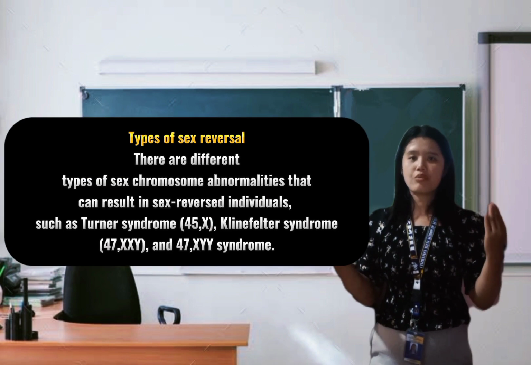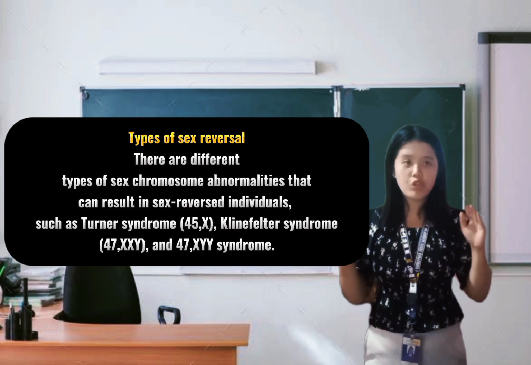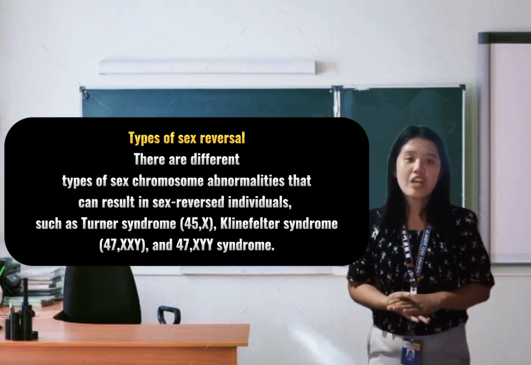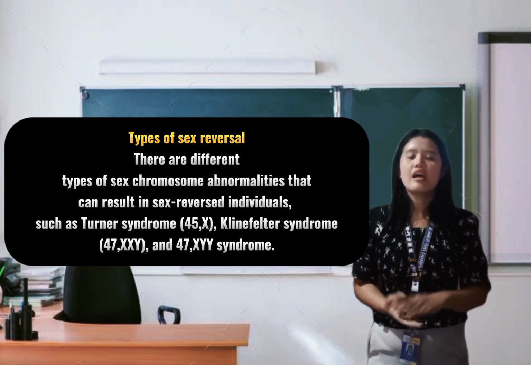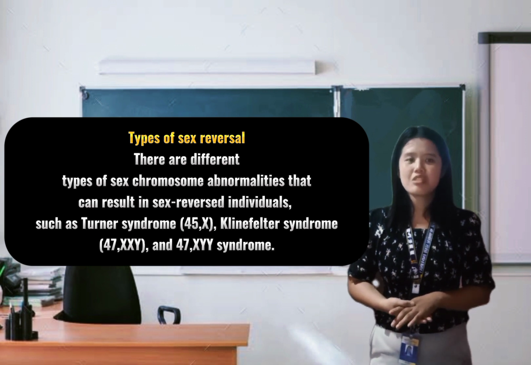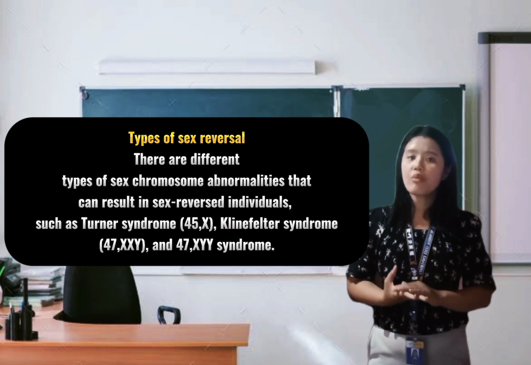Types of sex reversal. There are different types of sex chromosome abnormalities that can result in sex-reversed individuals, such as Turner syndrome or 45X, Klinefelter syndrome or 47XXY, and 47XYY syndrome.